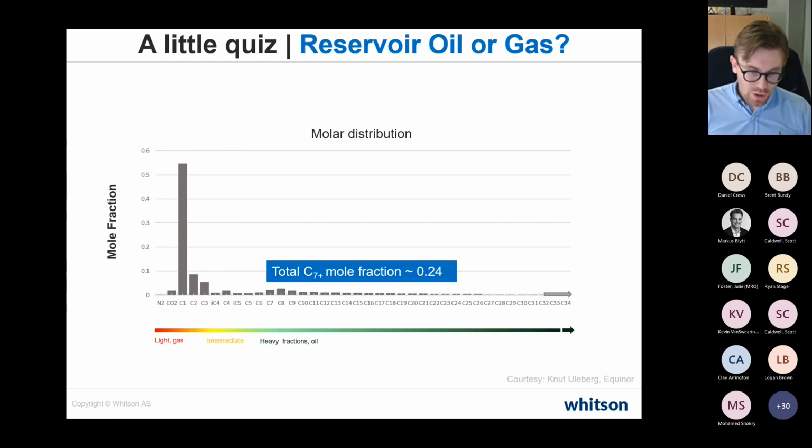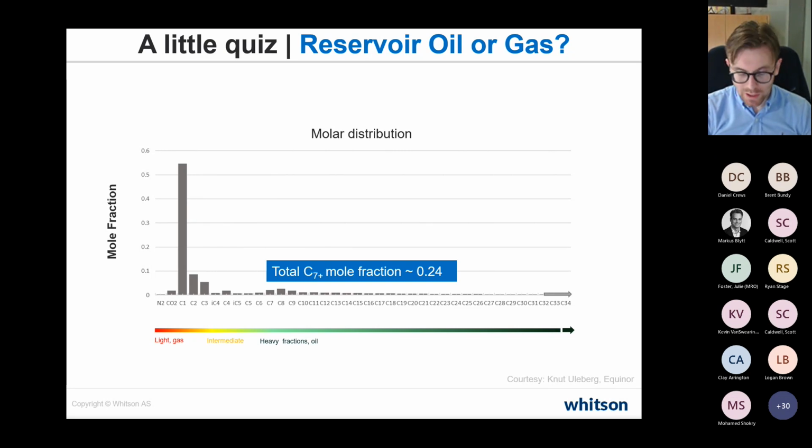Okay, so first quiz now, and everybody needs to write in the chat, just after they've thought a little bit. Here we're looking at a reservoir fluid, and the reservoir fluid has a lot of gas. This is the mole fraction over time, and you need to write in the chat what you think this fluid is. Do you think it's a reservoir oil or a reservoir gas?